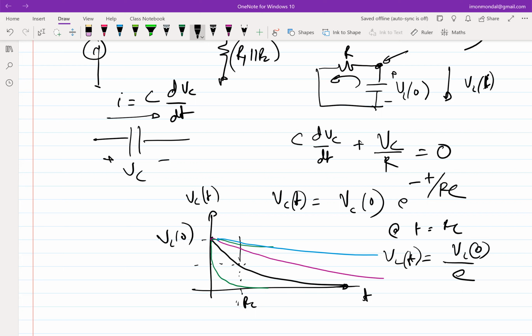If you have a very small resistance with a large capacitor, the capacitor will discharge easily, and you cannot call it a good approximation of a battery. For a good approximation of a battery, the RC time constant has to be really large.